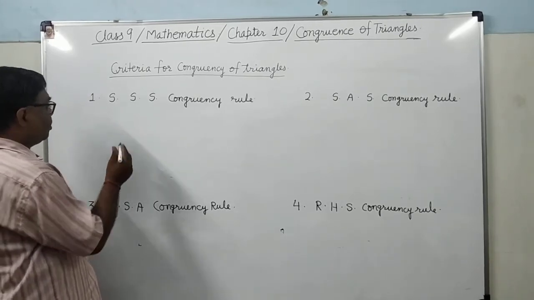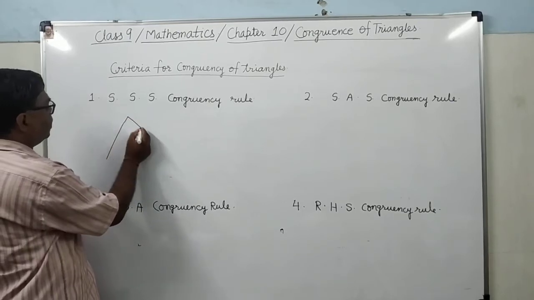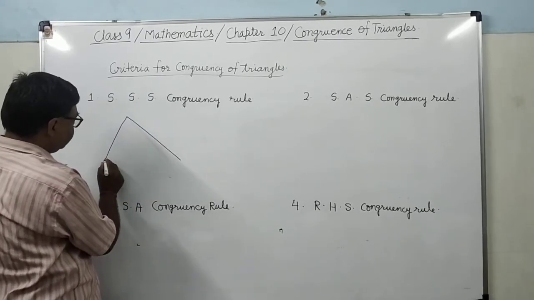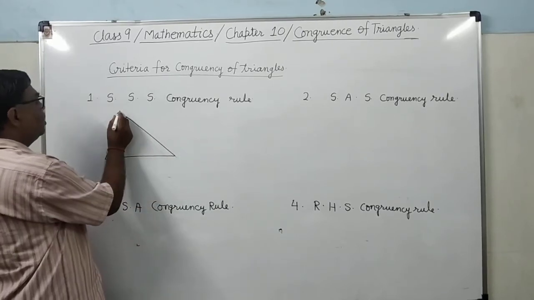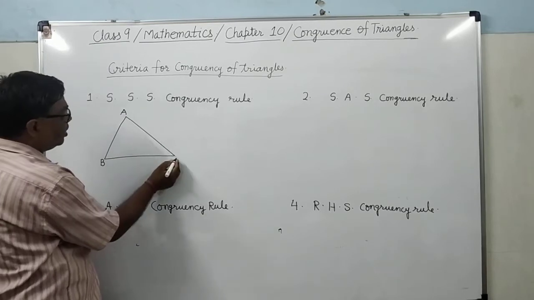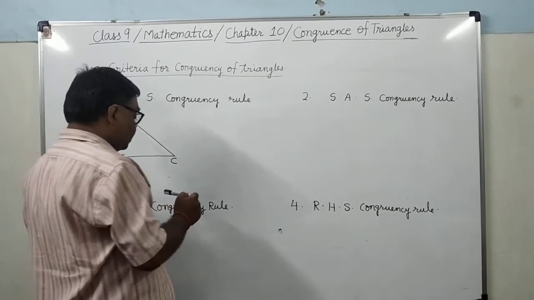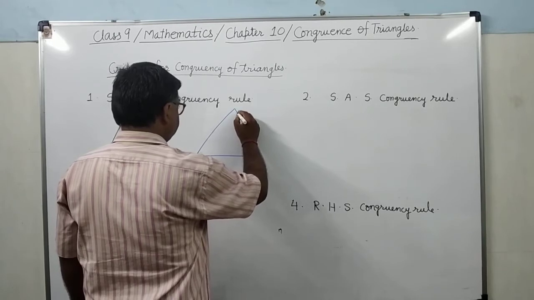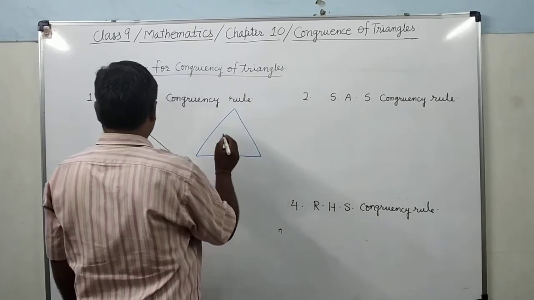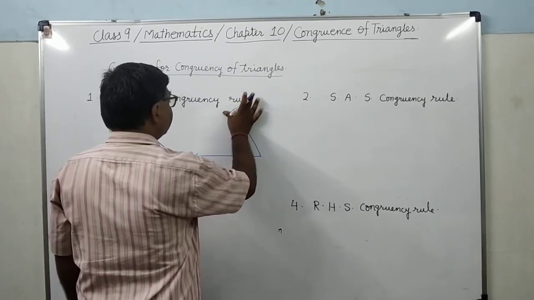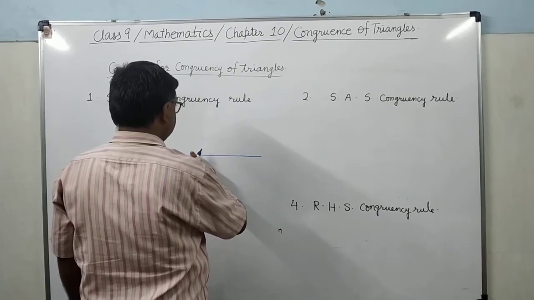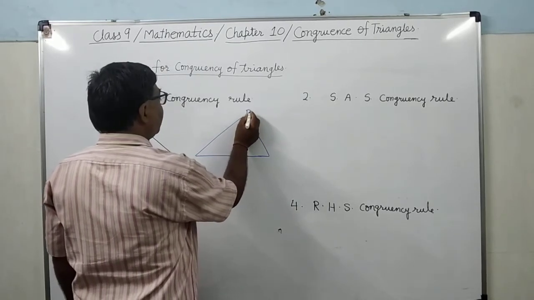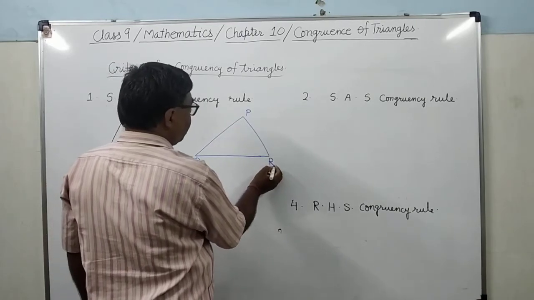For example, here I am making two triangles. You can see here, this is one triangle, triangle ABC, and there is another triangle here, triangle PQR. It's clear?